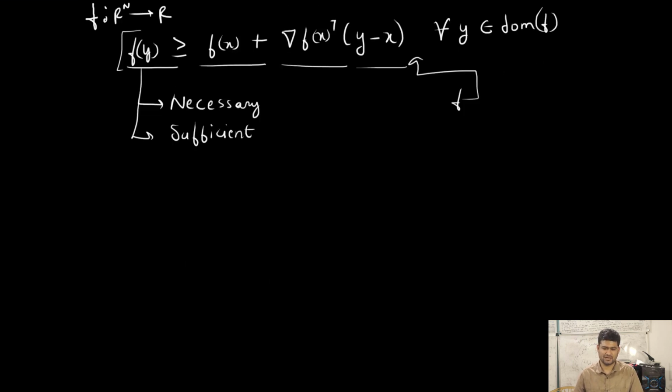So what it means is that, let's discuss the first order Taylor approximation of a function around a point x.